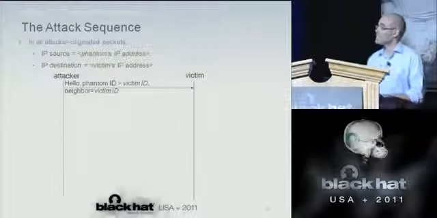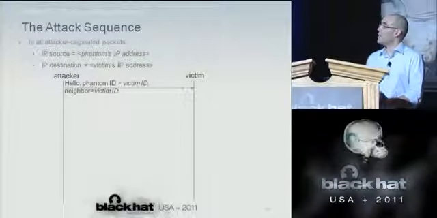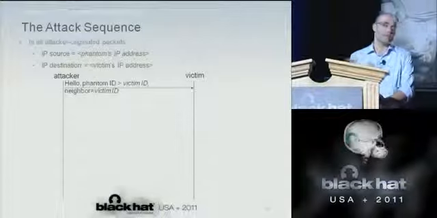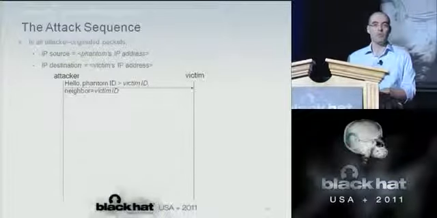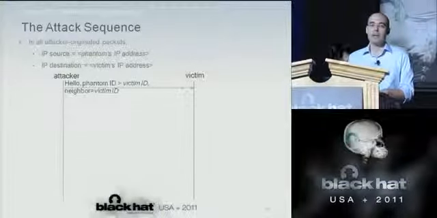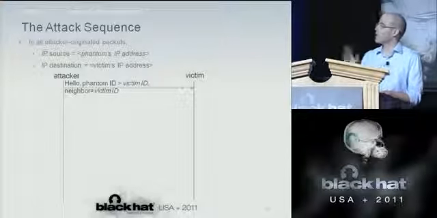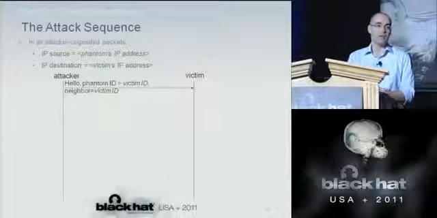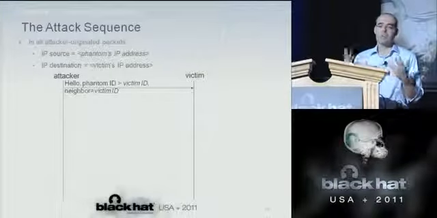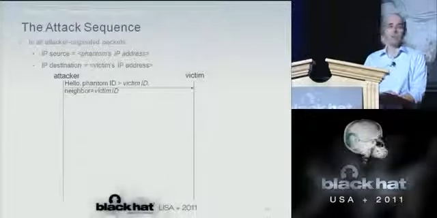So the first packet is a hello message, in which the attacker is identifying himself as the phantom router. He wants to make sure that the ID of the phantom router is larger than the ID of the victim, so he arbitrarily chooses a larger identity.